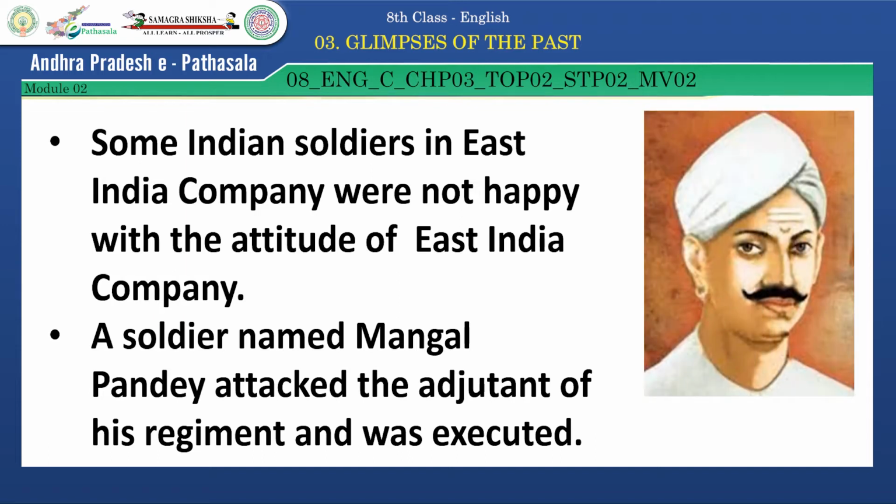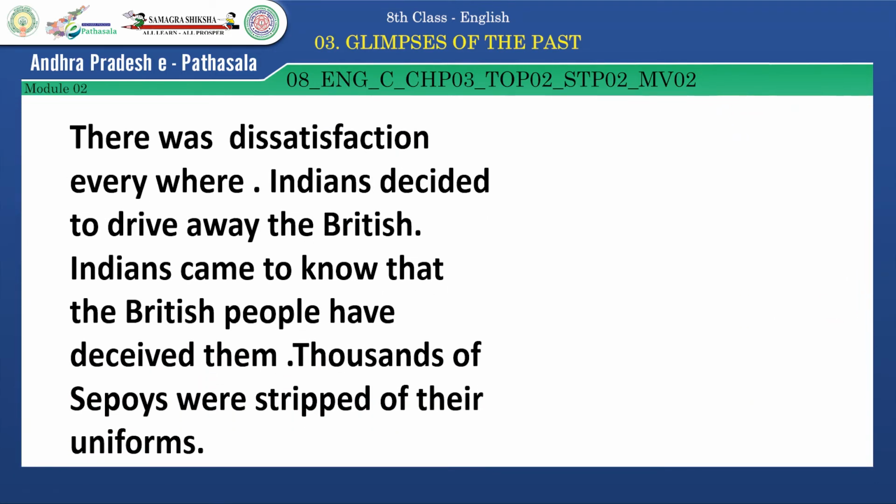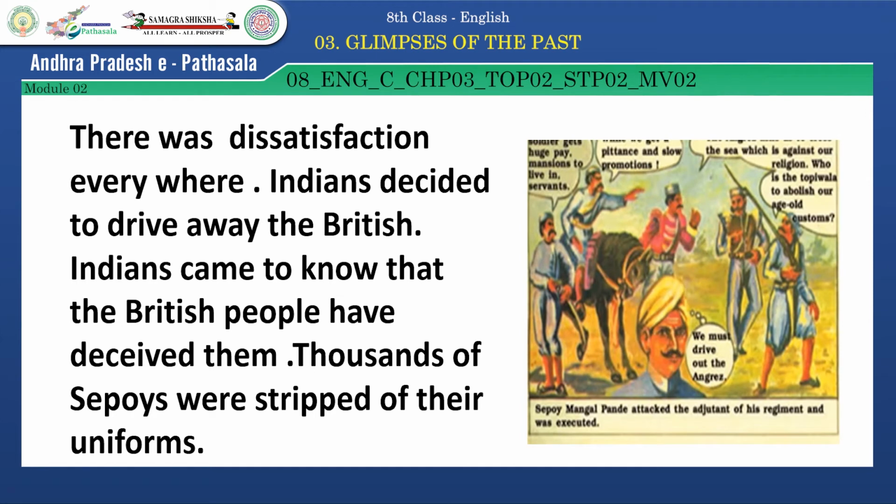A soldier named Mangal Pandey attacked the adjutant of his regiment and was executed. There was dissatisfaction everywhere. Indians decided to drive away the British. Indians came to know that the British had deceived them.